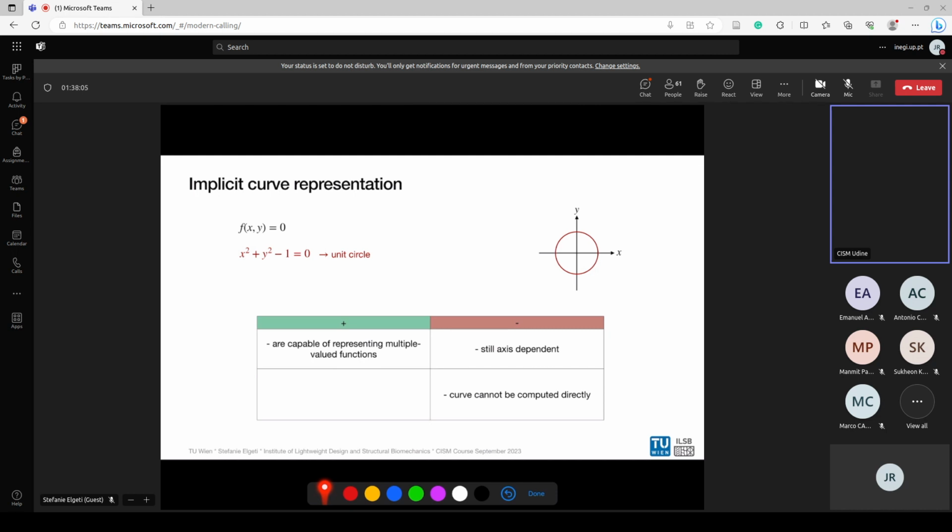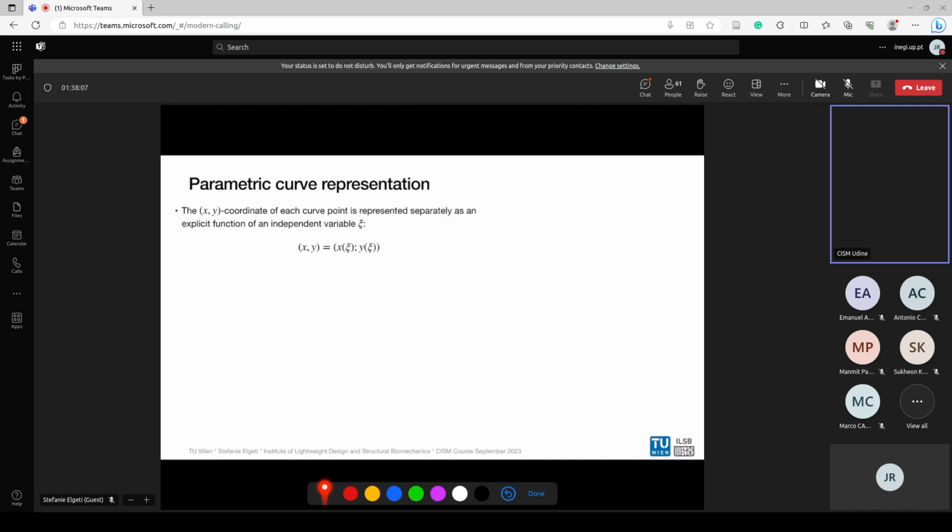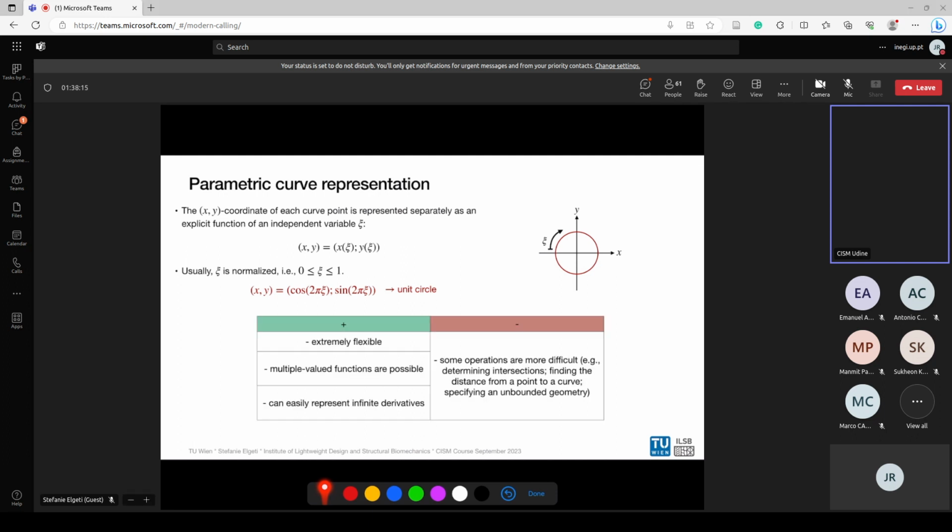The geometry representation that we want to focus on, however, is the parametric curve representation. Let me go through everything on the slide. So here, the xy coordinate of each curve point is represented separately as an explicit function of an independent variable psi. So every coordinate on the curve can be computed using a function x of psi and a function y of psi.